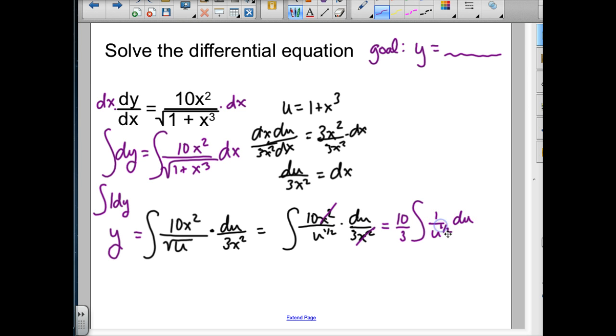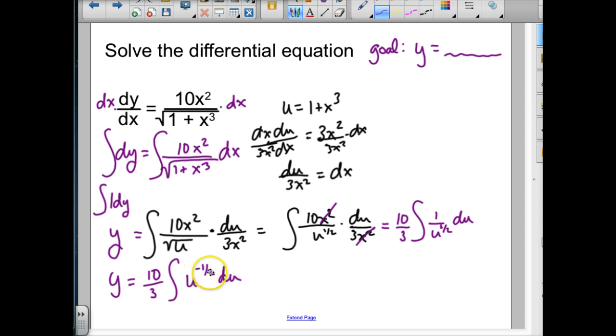Now that does not look like u to the n du. I can't use the simplification or the formula until I have u to the n du, but I can bring this u up to the top. So y equals 10/3 times the integral of u to the -1/2 du. Remember, if you have a variable in the denominator, you can bring it up to the top by changing the exponent to negative.